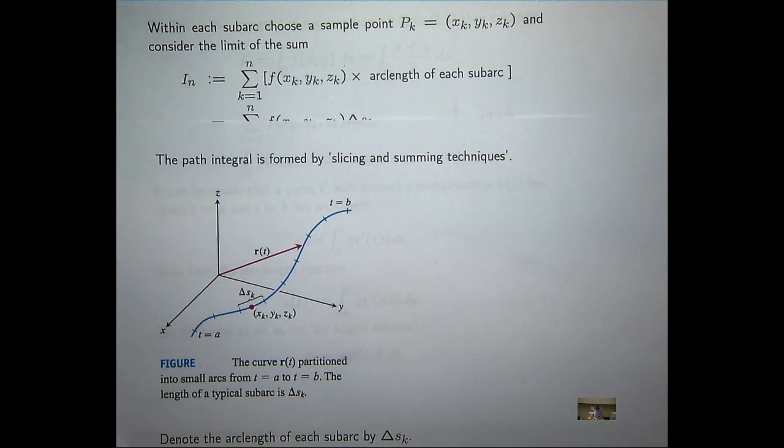Essentially you're multiplying the density at the sample point times the length of the little sub-arc and adding them all up to give you an approximation to the total mass of the wire.